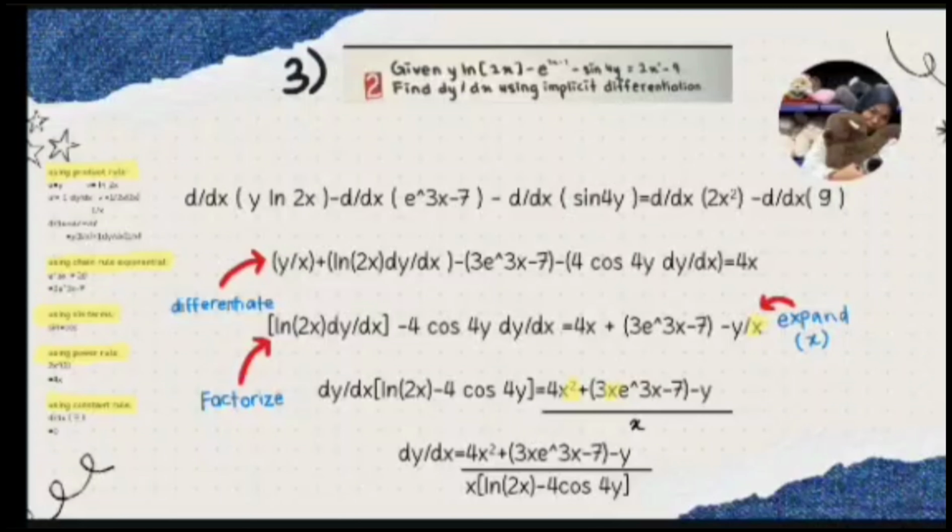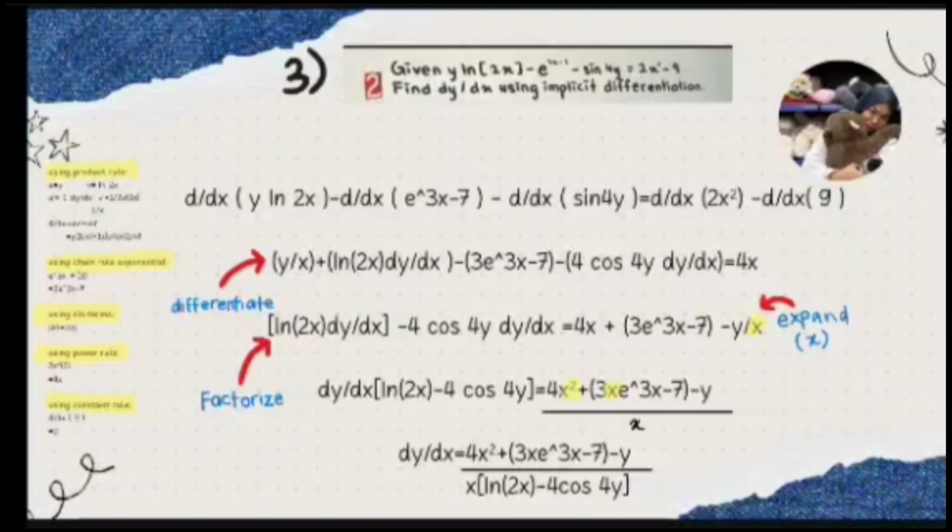For sine y, we need to use the sine rule, where the derivative of sine is cos. So it becomes cos y dy over dx. Next, 2x power of 2: if we differentiate it, it will become 4x using the power rule. For d over dx of 9, it will become 0 because we are using the constant rule. After we differentiate them, we need to group them together and also factorize. So it will become ln 2x dy over dx minus 4 cos y dy over dx equals 4x plus 3e power of 3x minus 7 minus y over x.